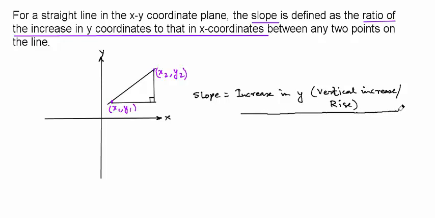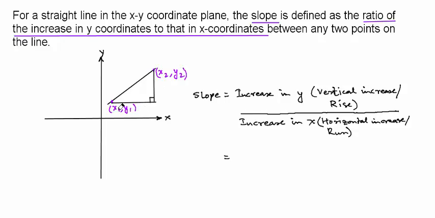Divided by, so it's a ratio, and the top number is the increase in y or the vertical increase or the rise between any 2 points on the straight line, over the increase in x, also called the horizontal increase, or the run. So the slope is rise over run, or the vertical increase over the horizontal increase.